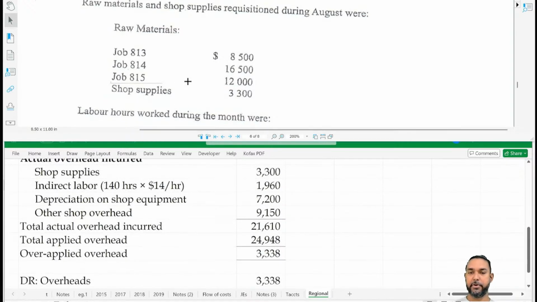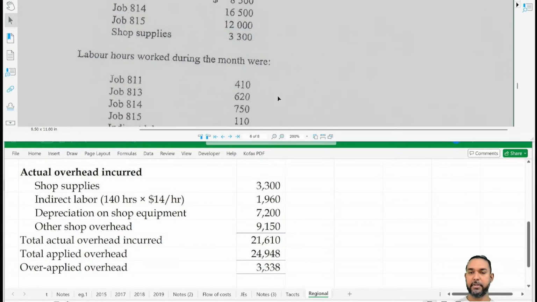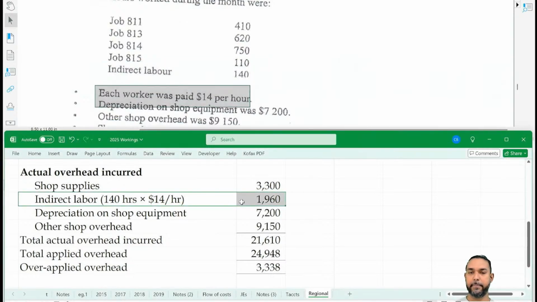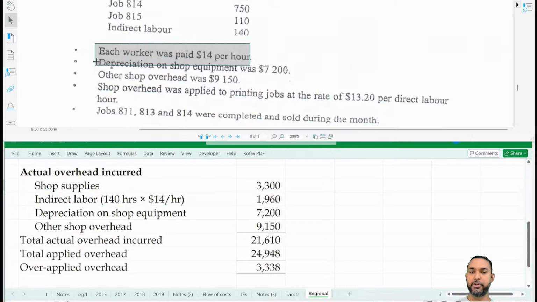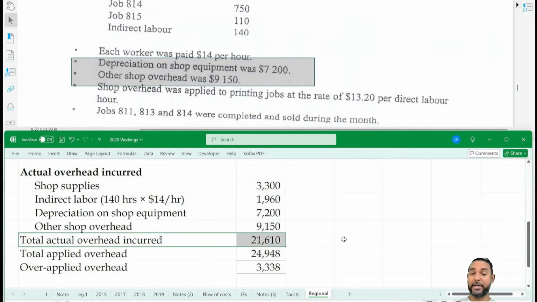So we have the 3,300, and then the 140 by the 14, which is the 1,960, and then the depreciation and the other shop overhead, 7,200 and 9,150. Adding them together gives us 21,610, which is actual overhead.